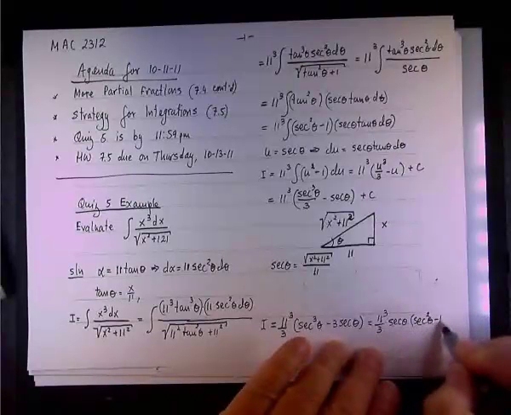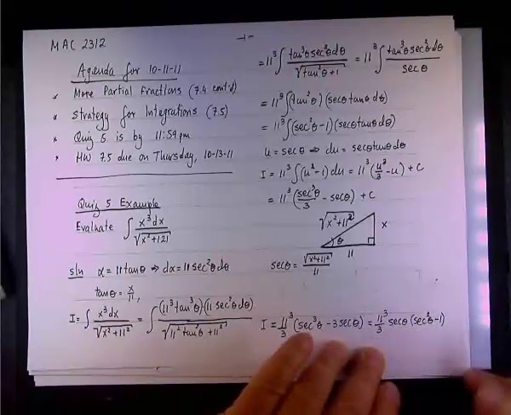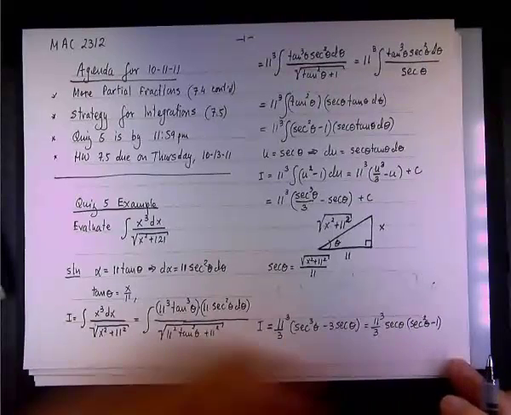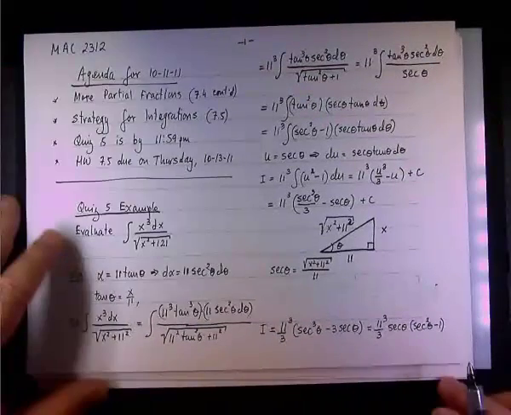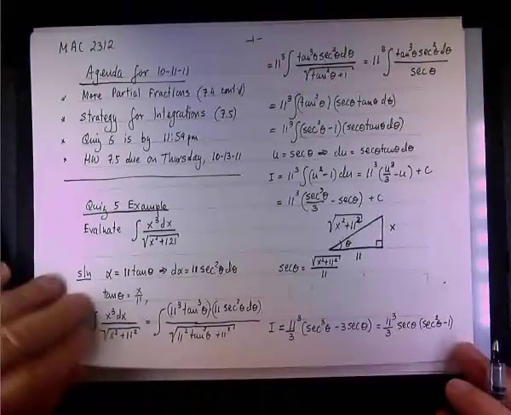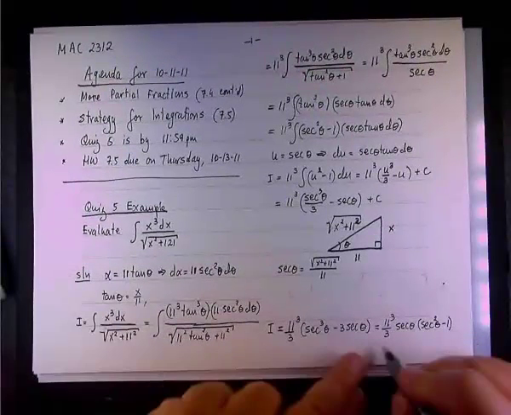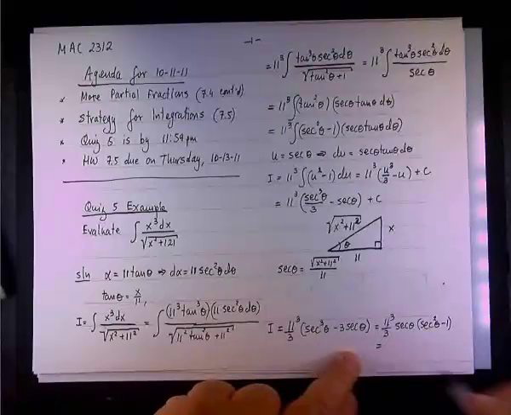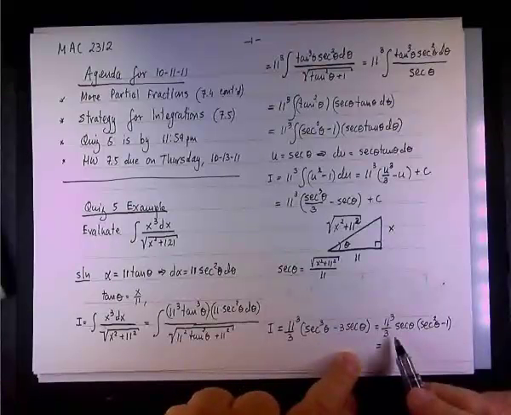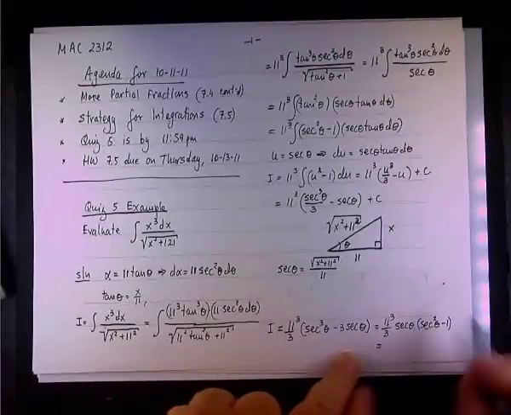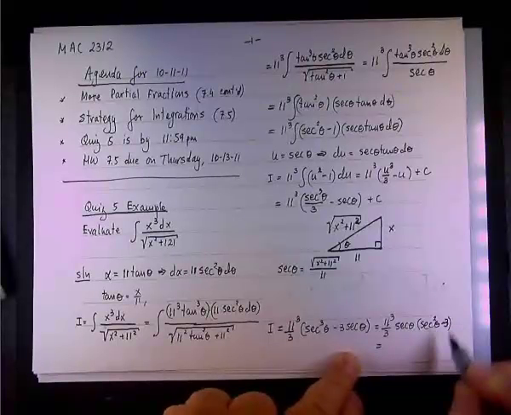And then factor out the secant, so we get 11 cubed over 3, secant theta times secant squared minus 1, right? That's what you did.